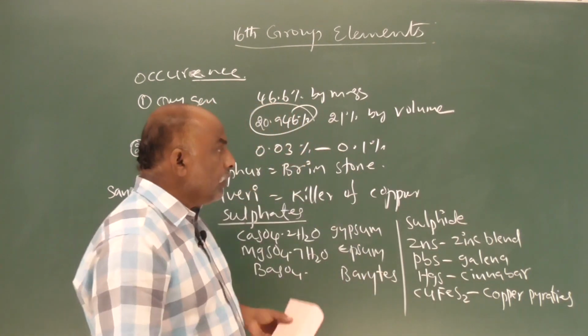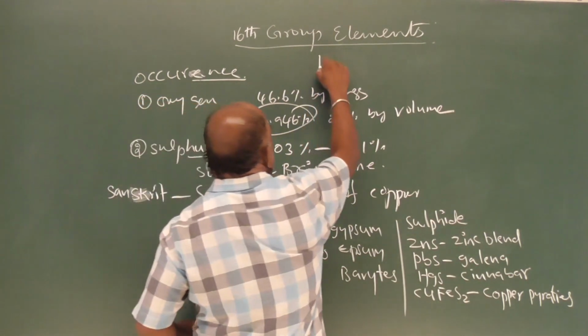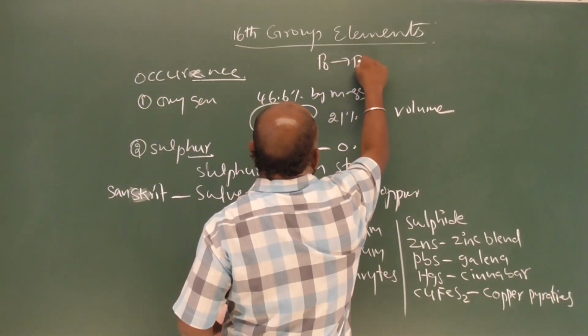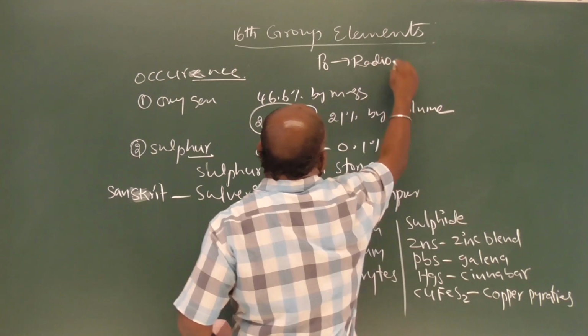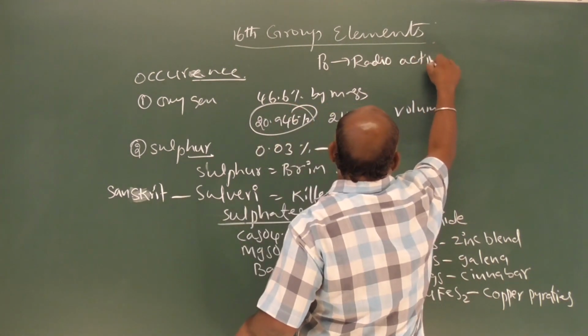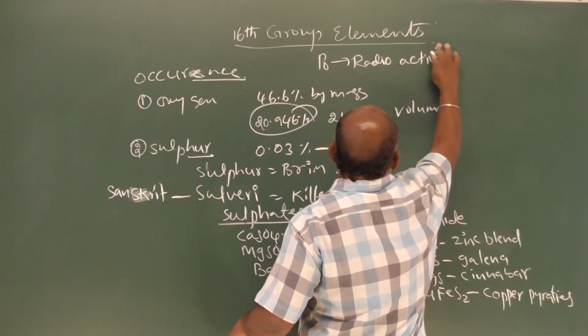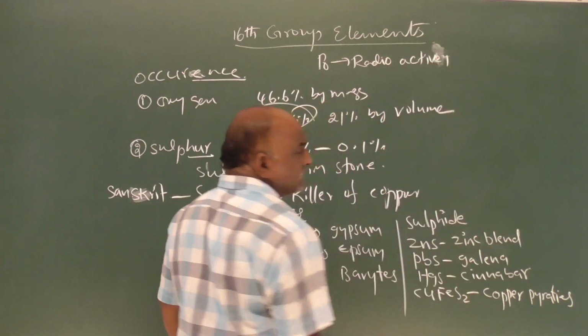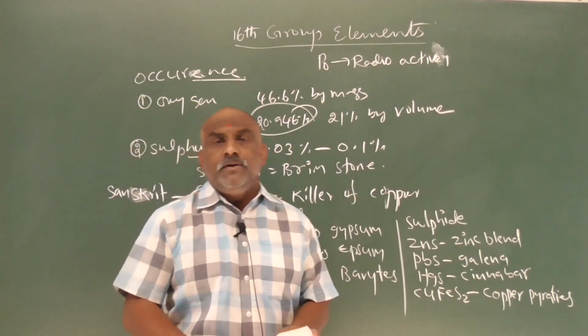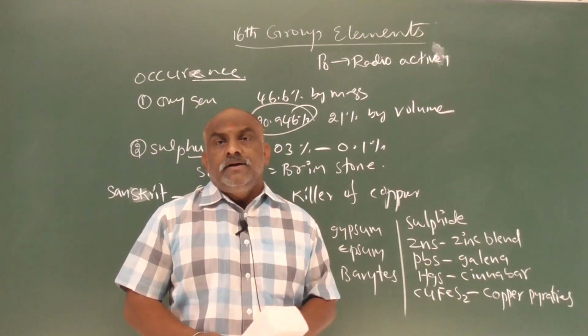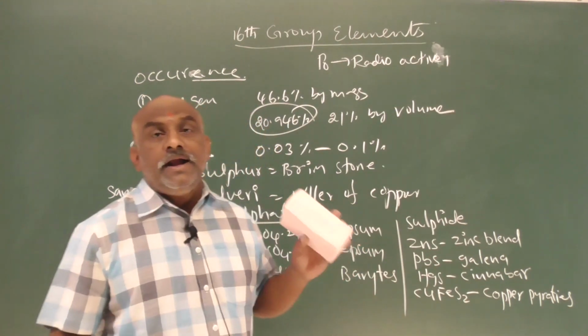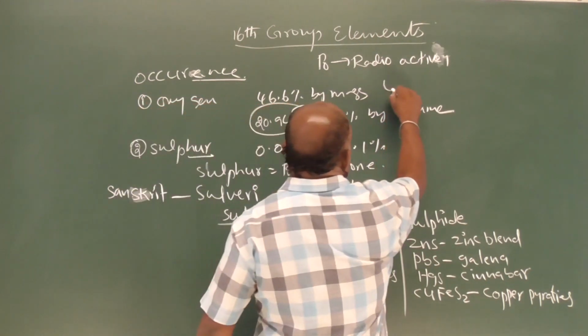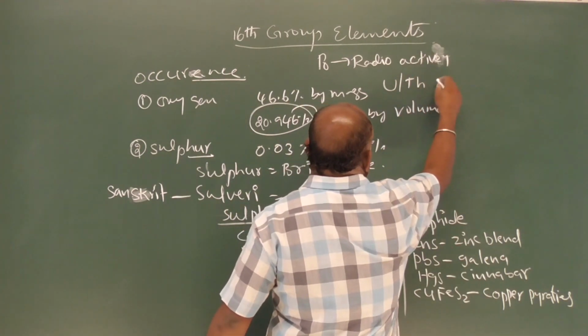While coming to polonium, it is a radioactive element. It was discovered by Madame Curie from pitchblende, from the decay of uranium or thorium.